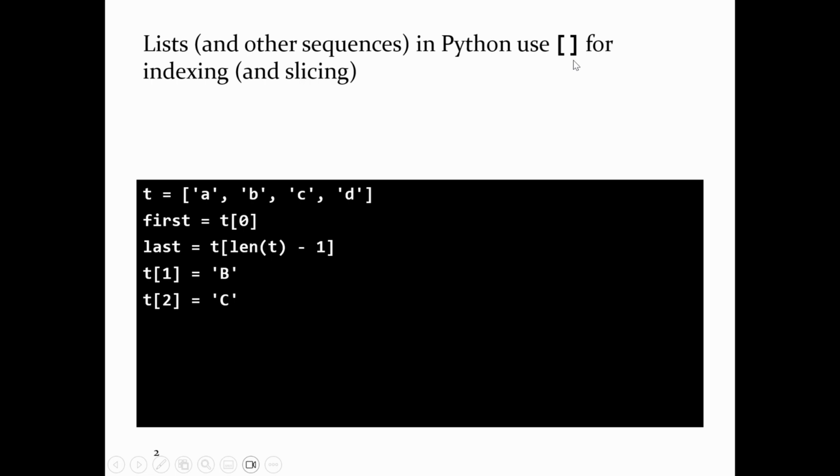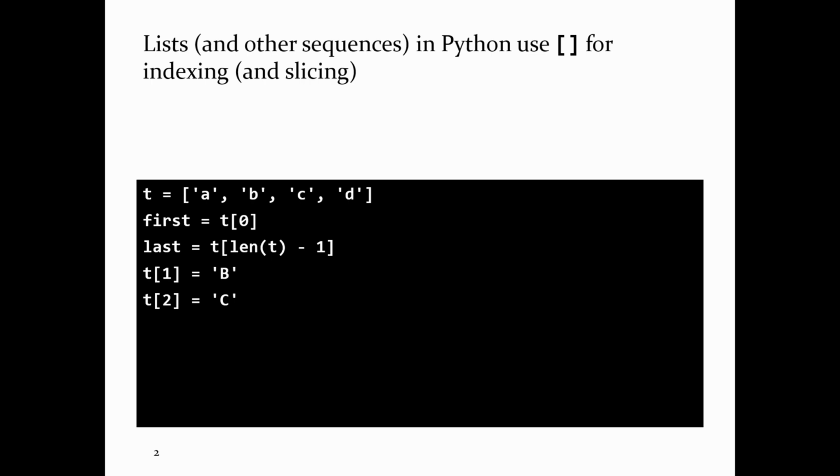If you want a list or other sequence in Python, you can use the square brackets for indexing and slicing. Python lets you get or set an individual value in the list, or get a sublist by computing a slice. Here I make a list called T of strings A, B, C, and D. To get the first element, I write T[0].